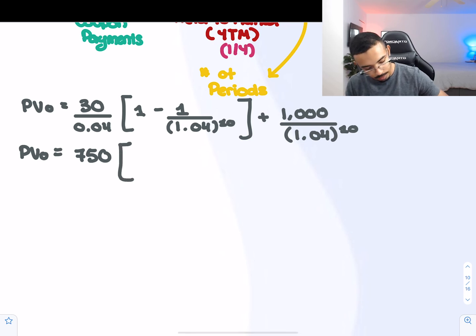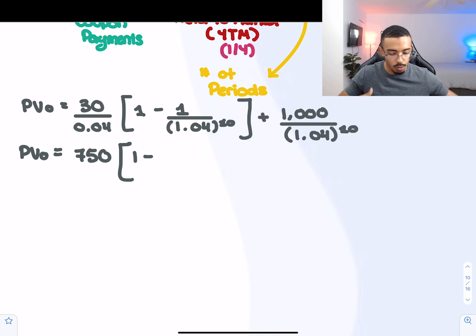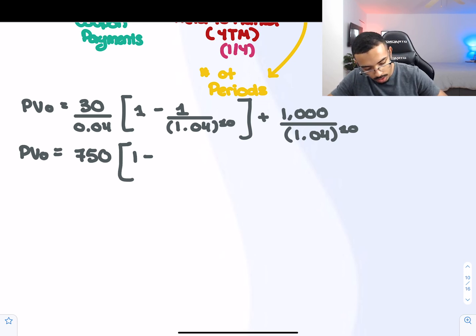Then 1 minus the following. So we know that 1 over 1.04 gives us the following. So 1.04 to the power of 10, 1 divided by that, then 1 minus that will give us 0.32. So I'm sorry, I'm kind of making this quicker for us.